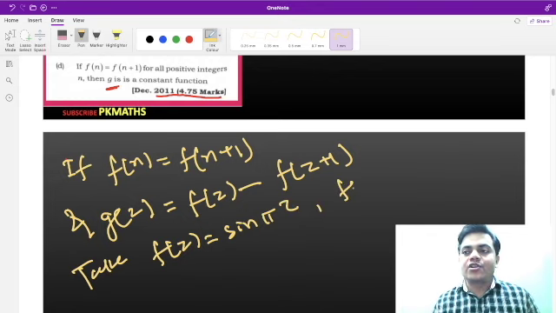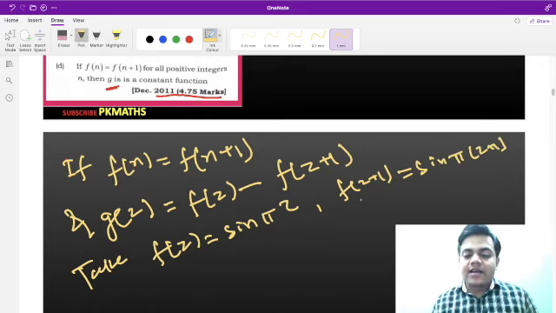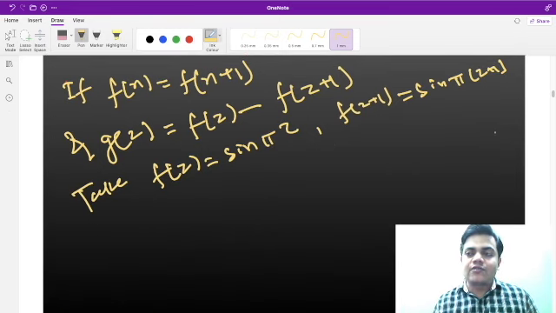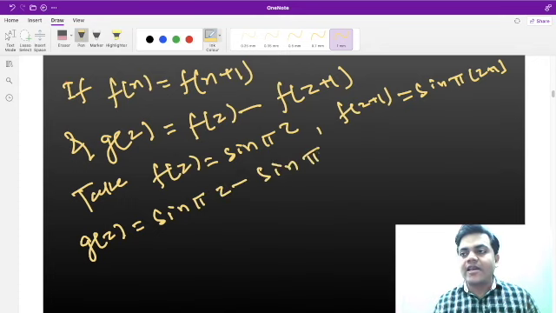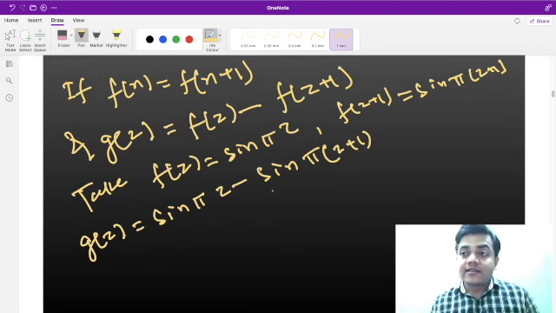then certainly what would you like to say? F of Z plus 1 will become sine pi into Z plus 1, isn't it? Yes. And you can easily see that G of Z is equal to sine pi Z, I mean to say F of Z minus sine pi into Z plus 1. Yes, this is the thing.